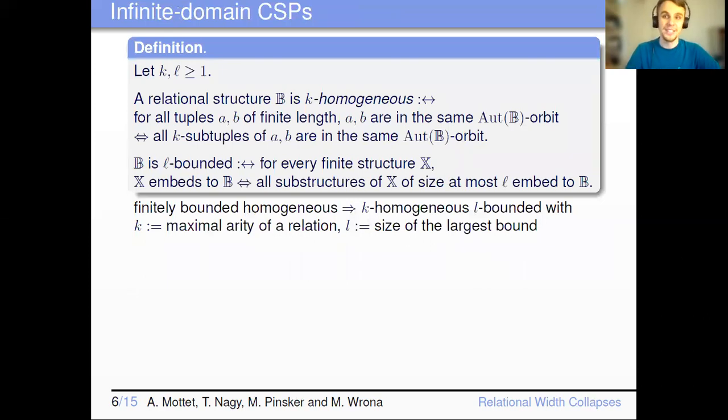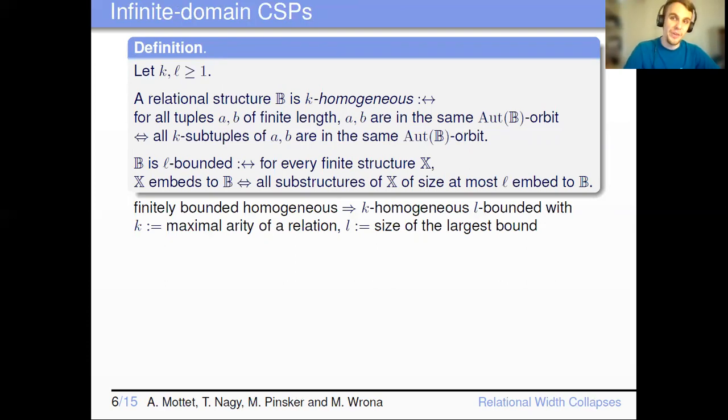But we are, of course, interested not only in finite domain CSPs, but what we want to understand is bounded width for some infinite domain CSPs. And now we may ask what the proper definition of an infinite domain CSP is, because if we consider just infinite structures, or maybe even omega-categorical structures, then, if we want to classify the complexity of CSPs of such structures, this is actually almost impossible, because almost all computational complexity classes that you can imagine could appear there.